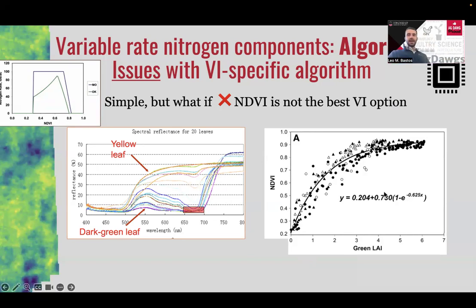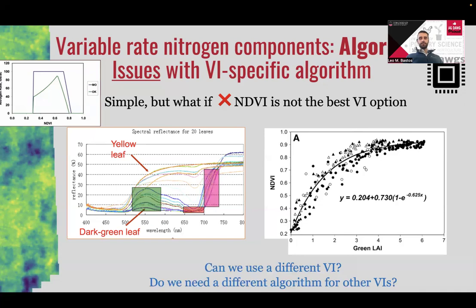Here we see that when your crop has a leaf area index above 3, your NDVI saturates, meaning that it cannot tell apart much of a difference between a leaf area index of 3 to 5, where it could have between 0 and 3. This is what I mean by saturation: your red band saturates. So if NDVI is not the best option and you're using an algorithm that was developed using NDVI, then you're out of luck.